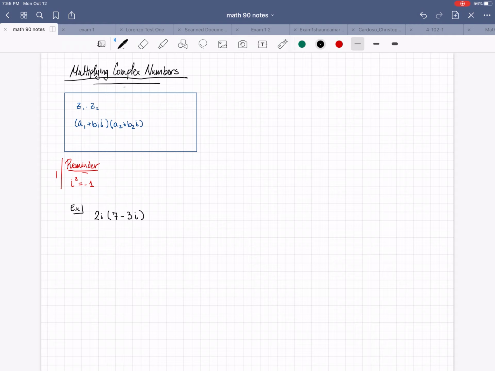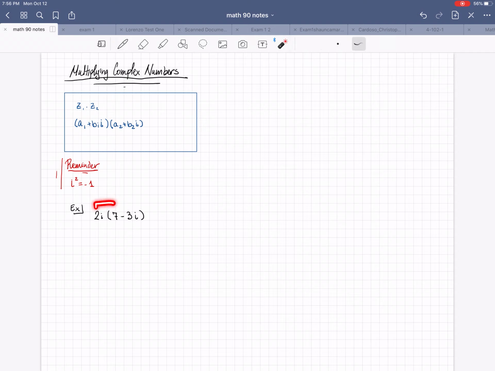What's really cool and sort of comforting is that even though this is a new family of numbers, we've expanded the reals to include this new number called i, a lot of the properties that carry over from the real numbers are still here for us. So for example, the distributive property.